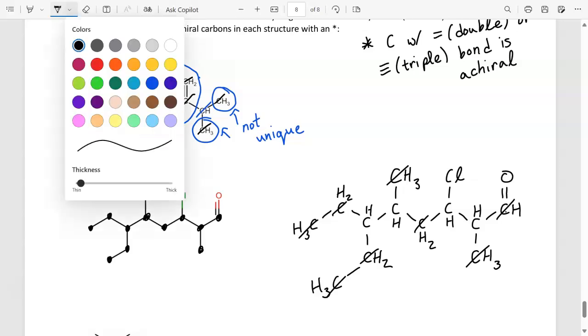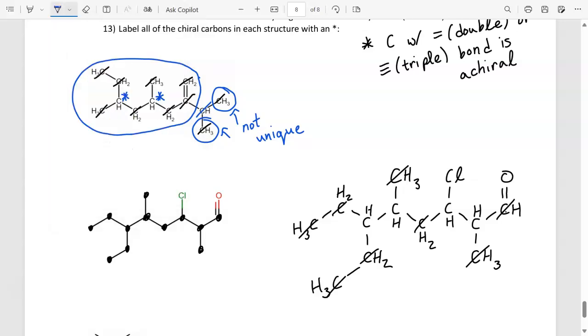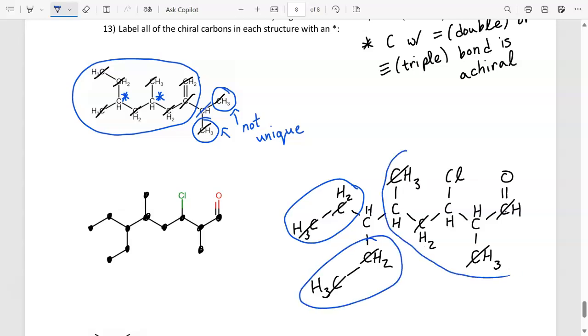Okay, so here's where I'm going to grab my pencil. Focus on the far left, that first carbon, and circle the 3 groups that are attached to it. Plus the hydrogen is obviously unique.